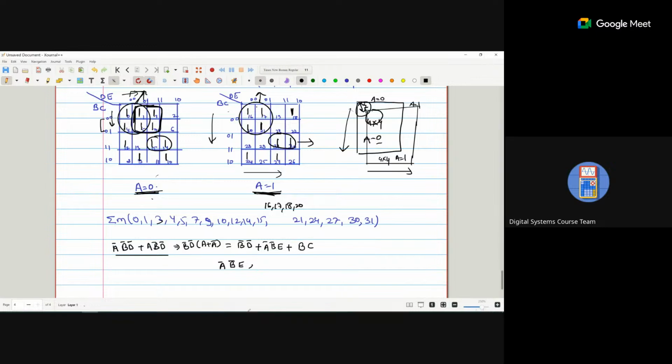B C D, because they are constant. These two and these two will create a group of 4. When we create a group of 4, the value of A is also varying, so that is why A is not present here.